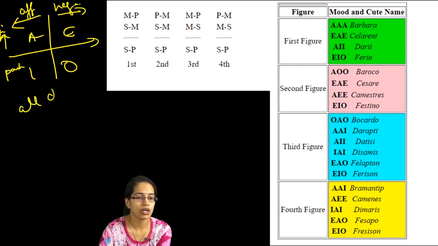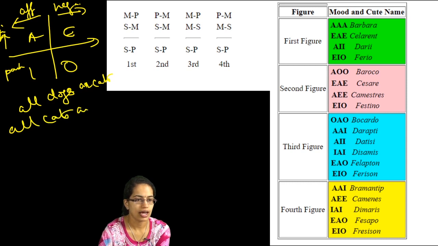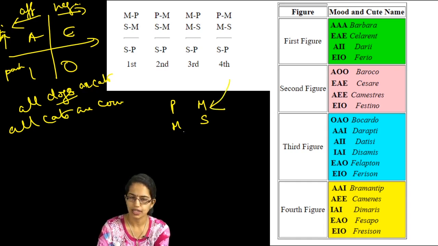Okay, now mood and figure. When I say all dogs are cats, all cats are cows, this is a P, M, M and S arrangement. So that is which arrangement? This is the 4th arrangement that I have drawn.